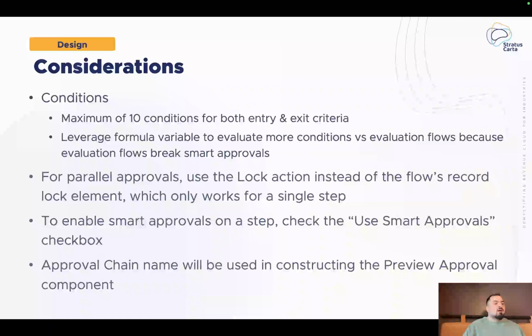And then for parallel approvals, if you want to leverage the lock action, you can't use it within your flow, but you'll have to create a subflow that locks your actual record as a flow action, rather than using the lock capability within the approval process. Also, approval chain name is very important when designing for your preview approvals, because that's what's being used to group whatever approvals are being submitted together.